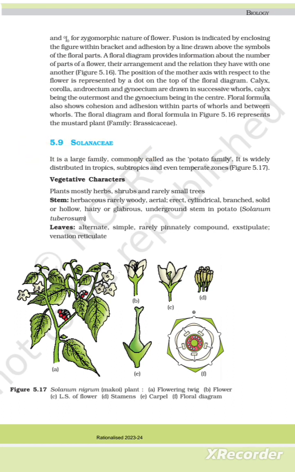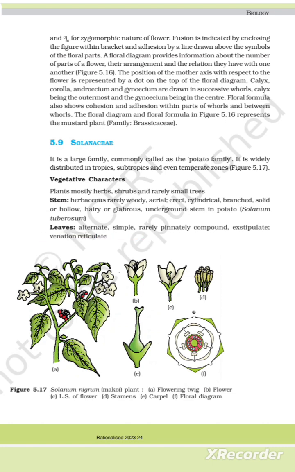5.9 Solanaceae. It is a large family commonly called the potato family. It is widely distributed in tropics, subtropics and even temperate zones. Figure 5.17. Vegetative characters: plants mostly herbs, shrubs and rarely small trees. Stem herbaceous, rarely woody, aerial, erect, cylindrical, branched, solid or hollow, hairy or glabrous; underground stem in potato, Solanum tuberosum.